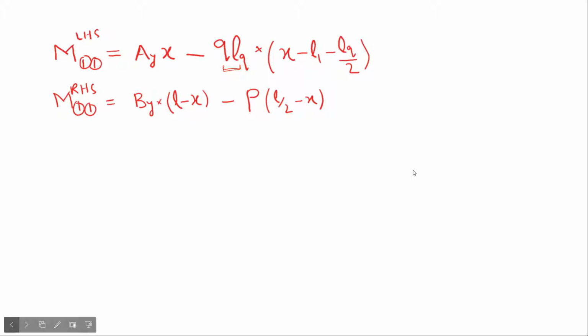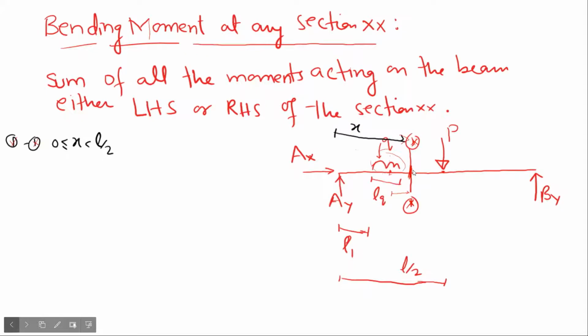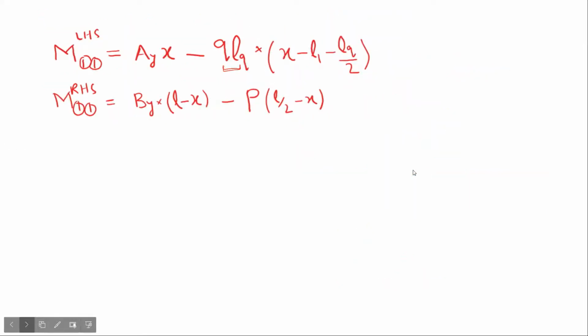From this figure we can see that l by 2 is the total distance, lq is this distance, and l1 is this distance. So l by 2 minus l1, and then x minus l1 minus lq by 2.